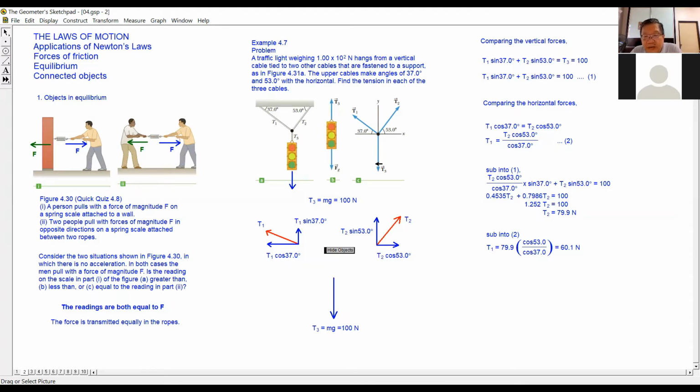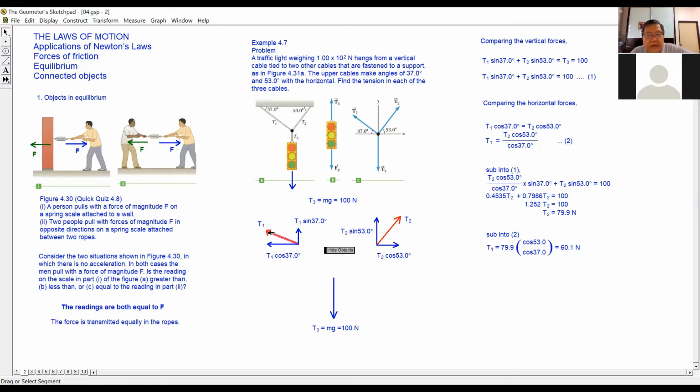And T3, which is acting vertically downwards. Now, why is it acting vertically downwards? Because it is produced by the weight of the traffic light. So in the next part, I'm going to resolve this T1 and T2 into their components. Okay, so let us consider this T1 here. Okay, so I've drawn the T1 here.